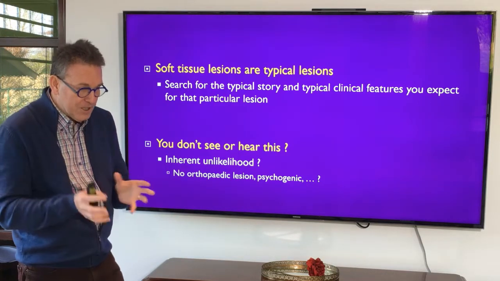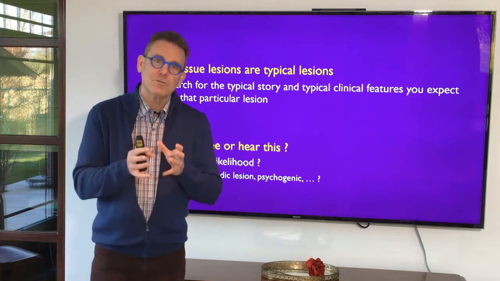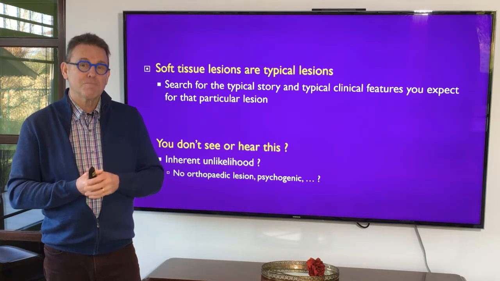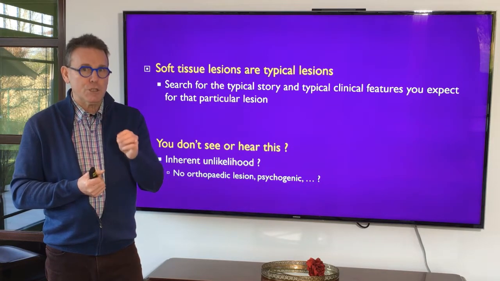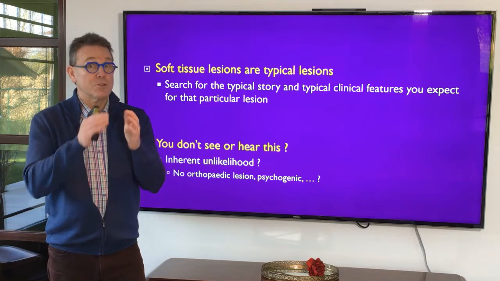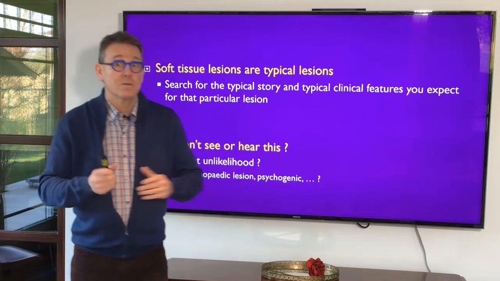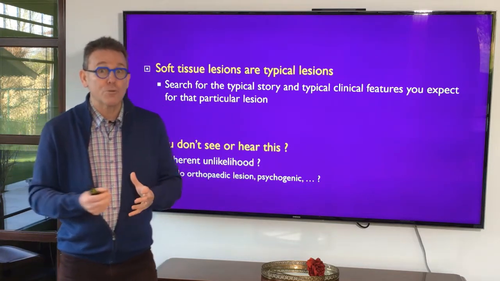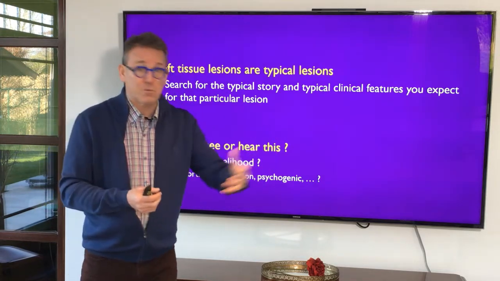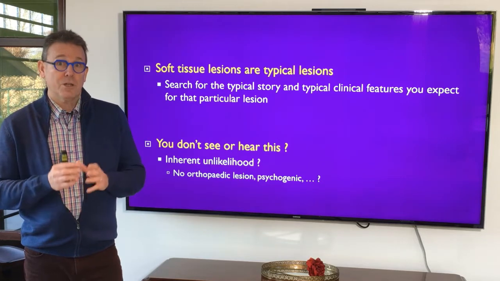And if you find inherent unlikelihoods, your first idea is perhaps it's not a lesion within orthopedic medicine. Let's not forget that orthopedic medicine is just a small part of the big picture. There are other options too. Perhaps there is a visceral lesion, a psychogenic lesion, other problems. So let's not forget that.